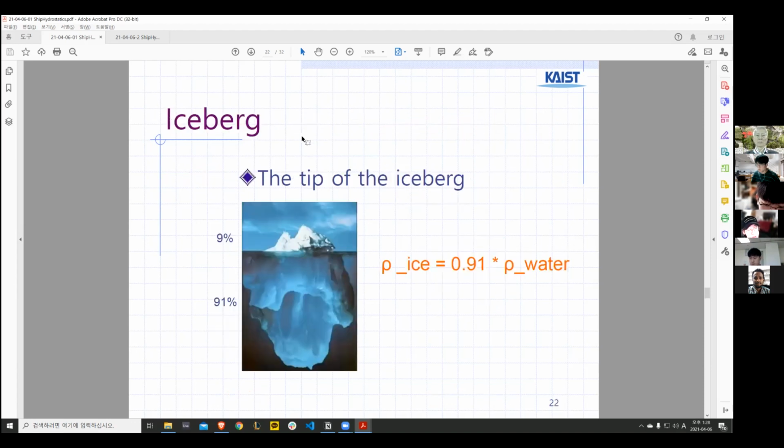When you see an iceberg, we usually say that only 10% of the iceberg is visible, because rho of ice is 0.91 times rho of water. So only 9% is floating and 91% is submerged.